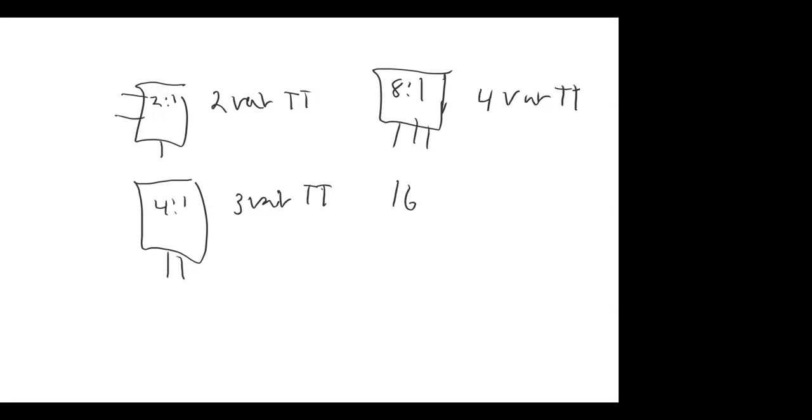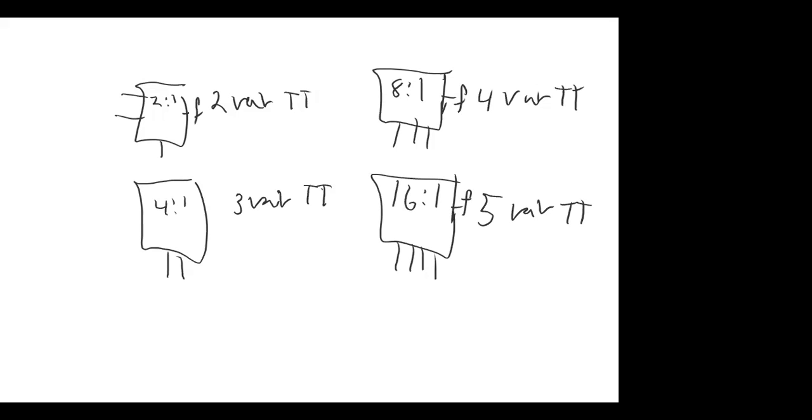If I have a 16-to-1, then I can do a 5-variable truth table. Does it make sense? You can kind of see the symmetry there.